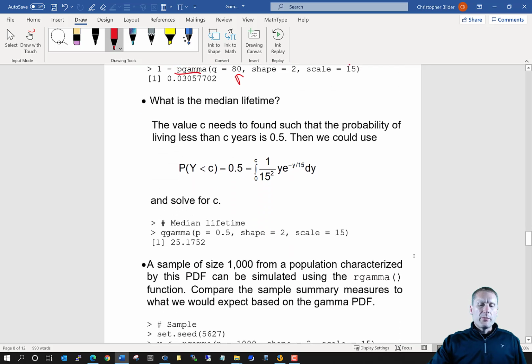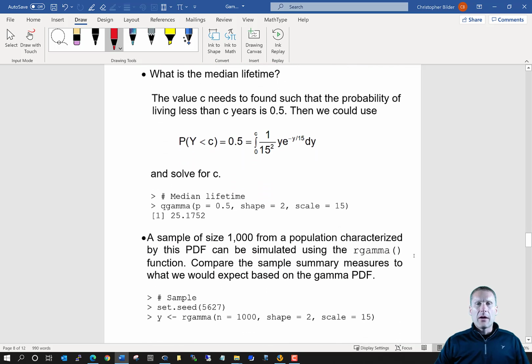What about the median lifetime? Again, think about what the median means. It means half the time you're less than this value, half the time you're greater than this value. In other words, find the value of c that satisfies this expression: the probability y is less than c is equal to 0.5. I guess if I wanted to, I could have used the letter q to correspond to quantile, because what we're trying to find is actually the 0.5 quantile.